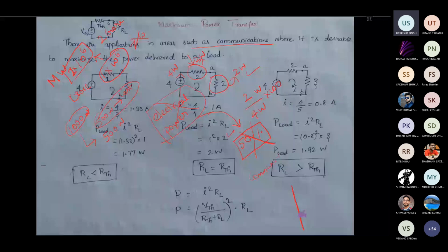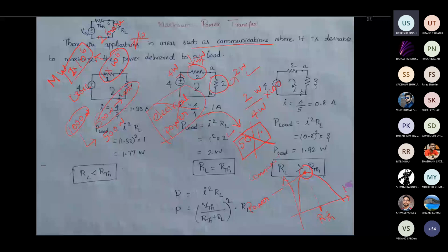This is the power dissipated in the load. You will get maximum power dissipated only when RL is equal to RTH.